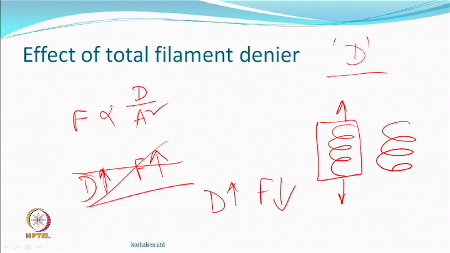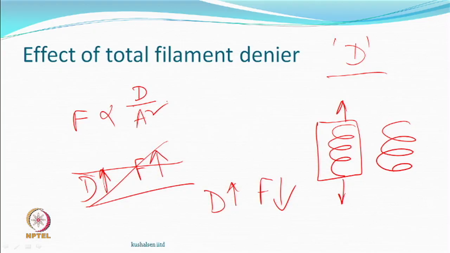And so, F is not proportional to D, but was found to be proportional to D over A square, and therefore, if you only look at D, then you get the inverse relationship, and that is how this particular understanding came from the point of view of the textured yarn.